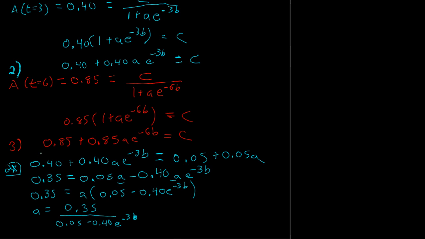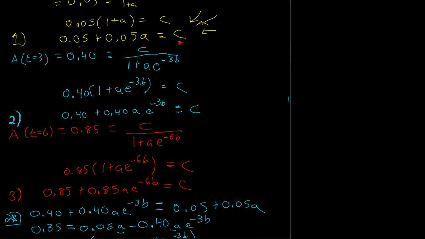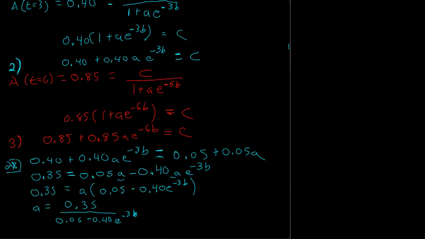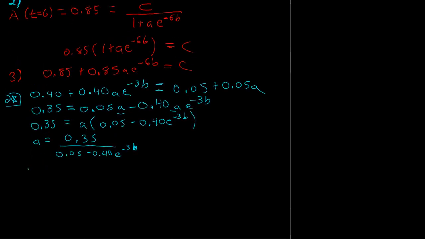So I'm now going to take equation 3 and I'm going to use this definition for C in equation 3. So I guess I'll switch back to red, come down here, and I'll go 0.85 plus 0.85 a e to the negative 6b equals, and I'm going to go all the way back up to equation 1, and I'm going to grab this.